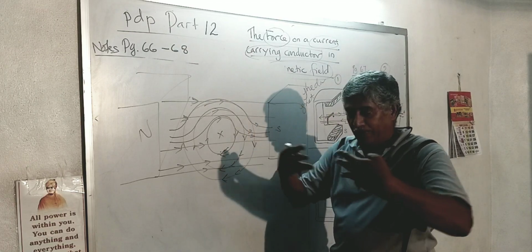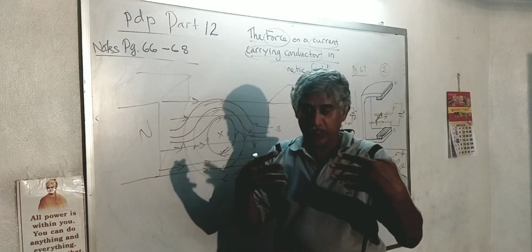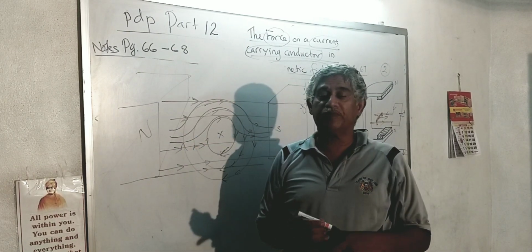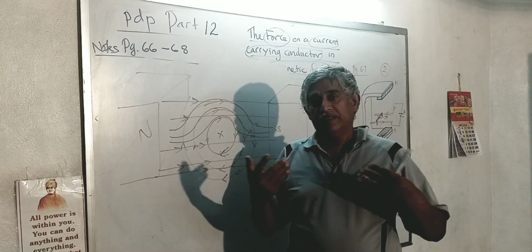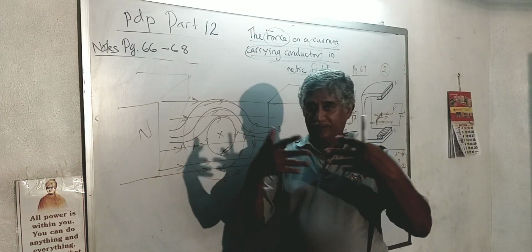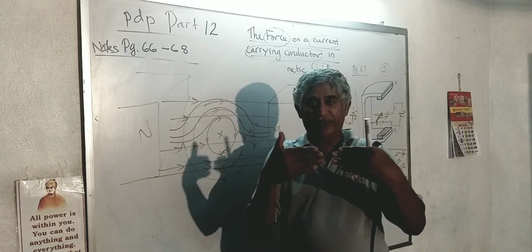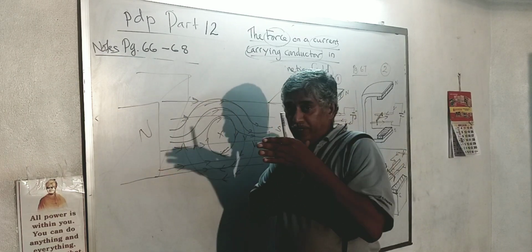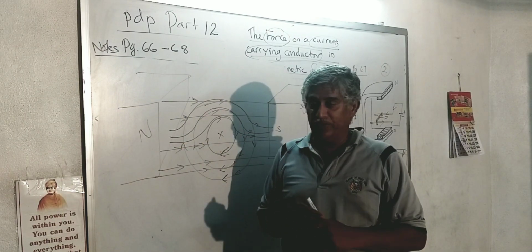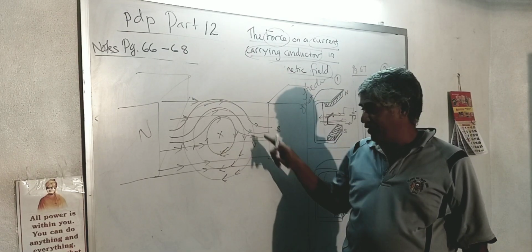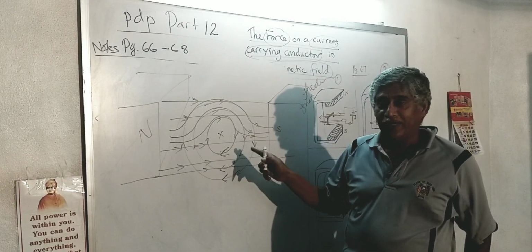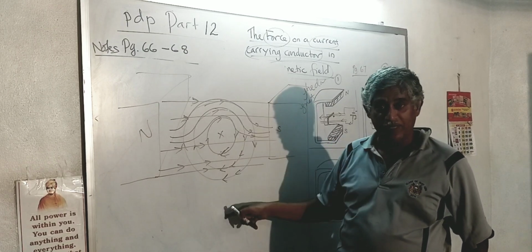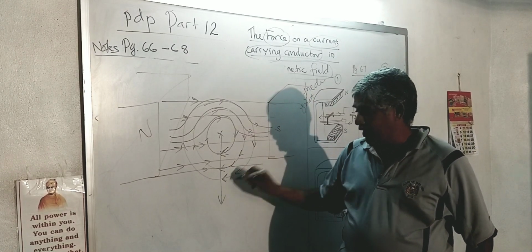When two fields oppose, the resultant force becomes less or zero. If the magnitudes are the same, it becomes zero. If it is 20 Newton and 20 Newton in the same direction, the resultant force is 40 Newton. So here a stronger force, here a weaker force. The greater force will overcome the weaker force, so the conductor starts to move down.